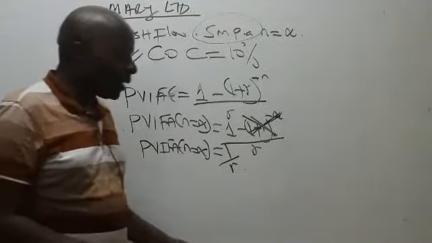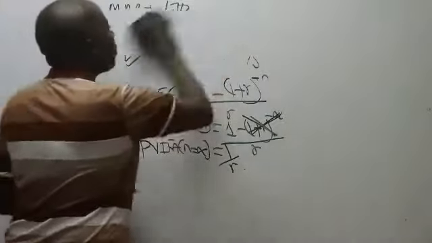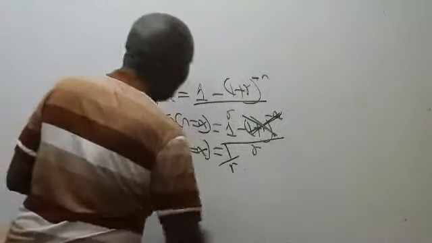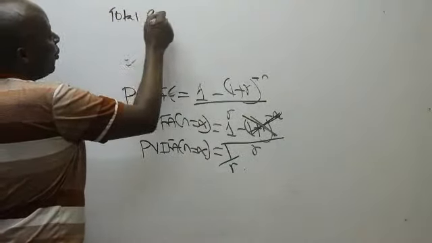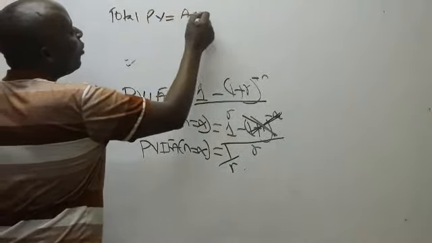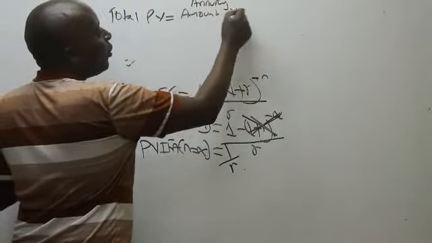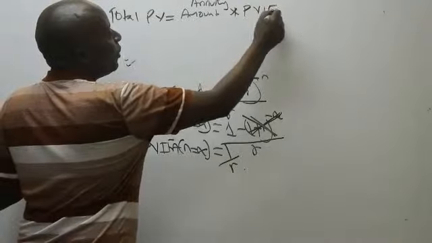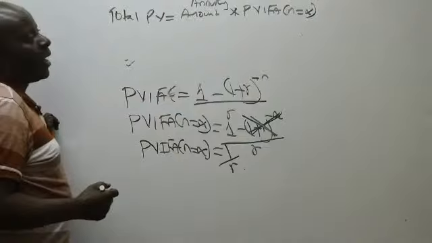And then now, ladies and gentlemen, listen to me very well. For me to be able to get the total present value, I will take the annuity amount multiplied by PVIFA, and this time around, remember our N is infinity.